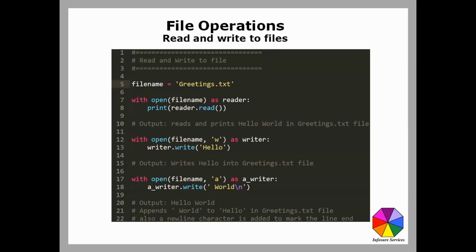Python uses this syntax: with open and the name of the file. The name of the file here is file name, which is my variable. I have a variable file name equal to the name of the file, greetings.txt, inside quotes. This greetings.txt should exist in a certain folder.